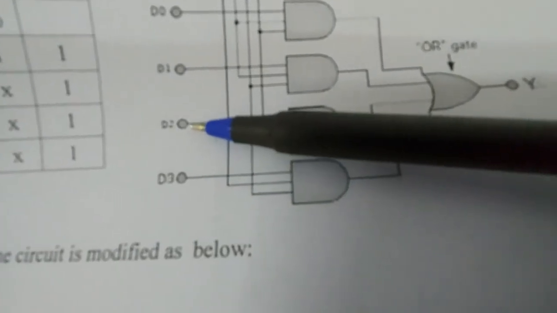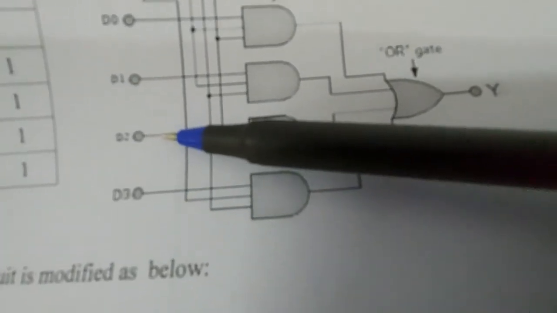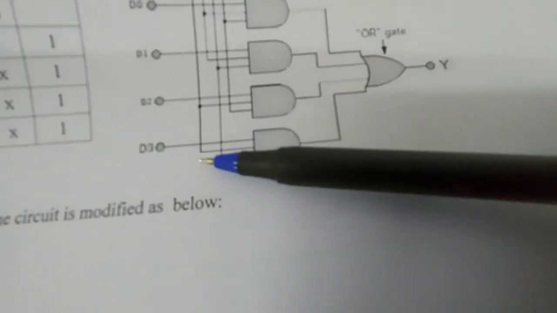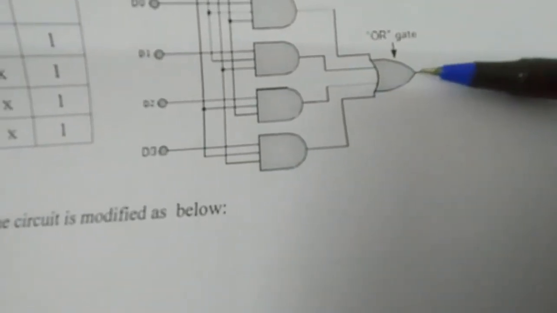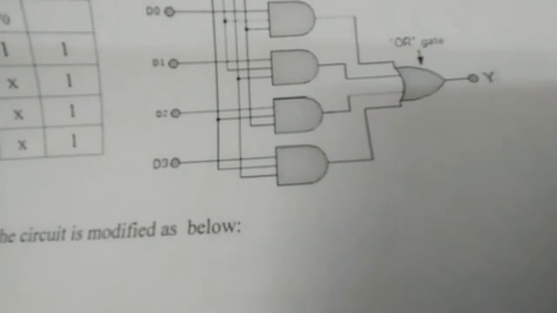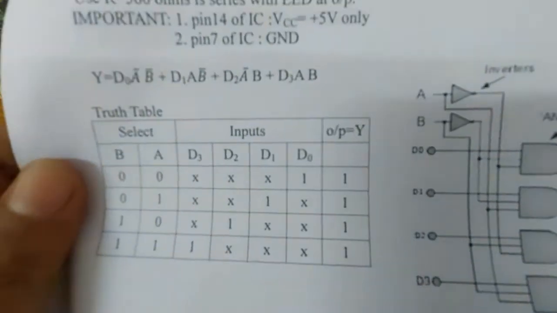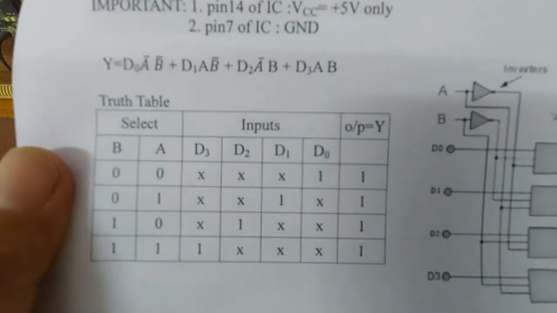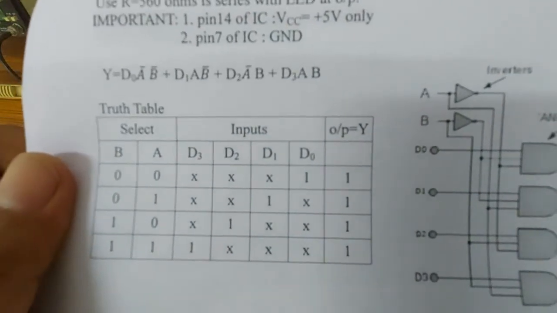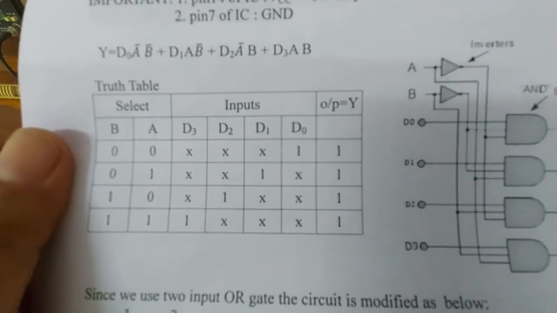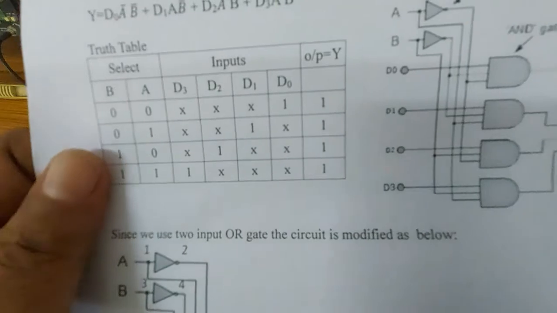The third one will be D2. We have to give the address 1 and 0. And the fourth one, 1 and 1, which will reach D3 at the output. So the truth table has A and B, 4 different combinations, D0, D1, D2, D3 and the outputs. So we have to verify.